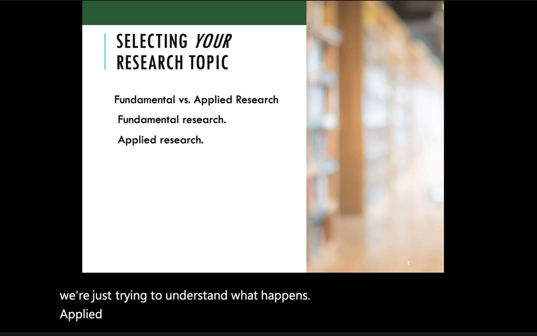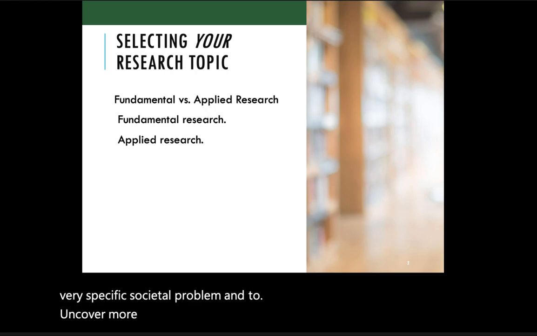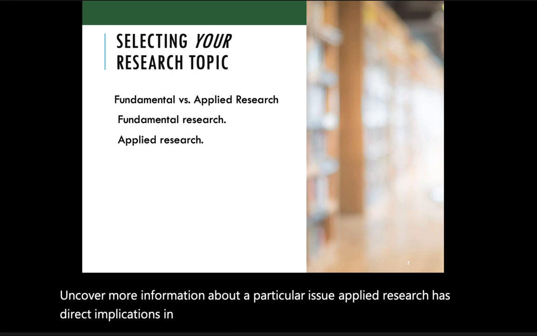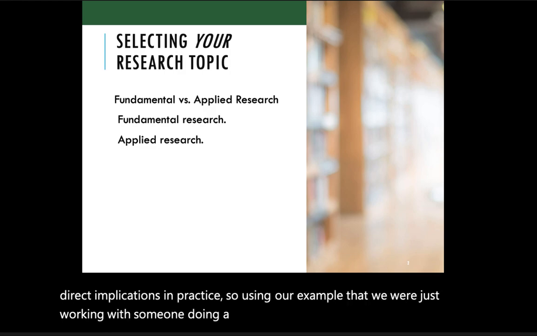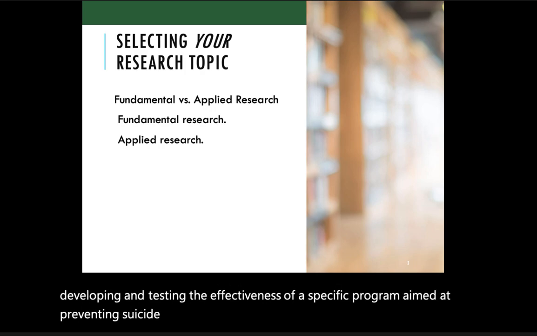Applied research, on the other hand, is the research that seeks to solve a very specific societal problem and to uncover more information about a particular issue. Applied research has direct implications in practice. So, using our example, someone doing applied research might be specifically developing and testing the effectiveness of a specific program aimed at preventing suicide attempts amongst at-risk adolescents.